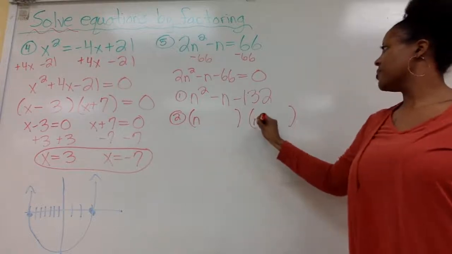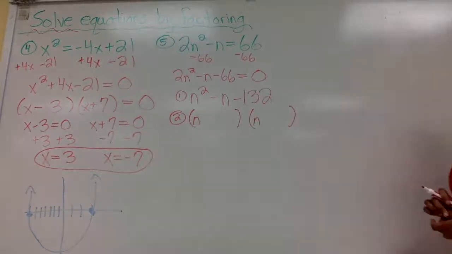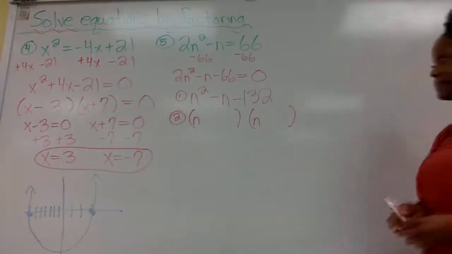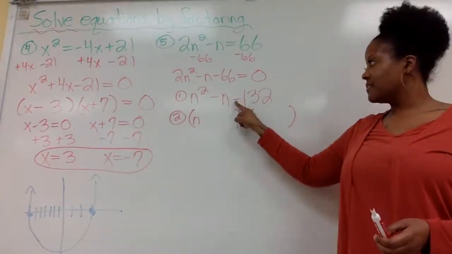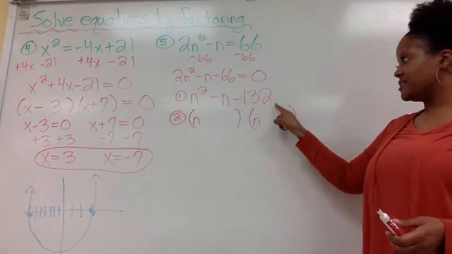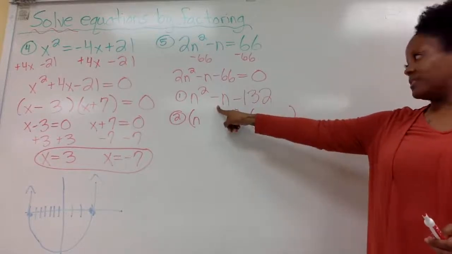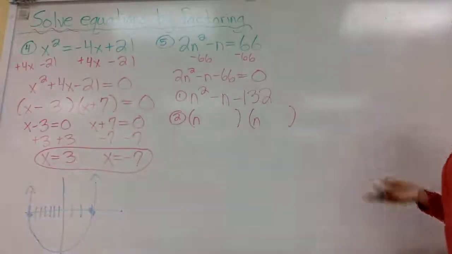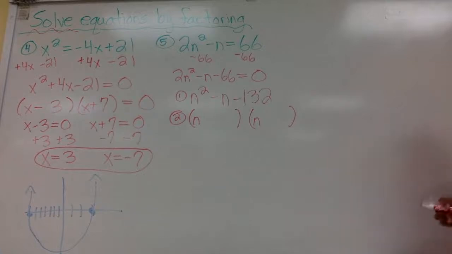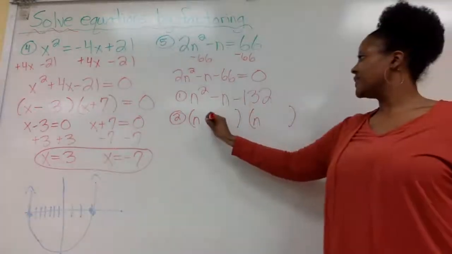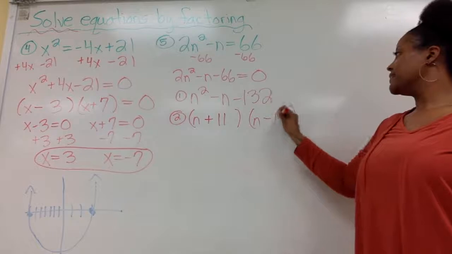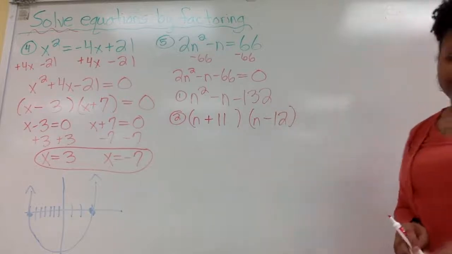So we're thinking of two numbers that multiply to give me negative 132 and add to give me negative 1. You can use a calculator or Desmos or something like that to help you out. Those numbers are positive 11 and negative 12.